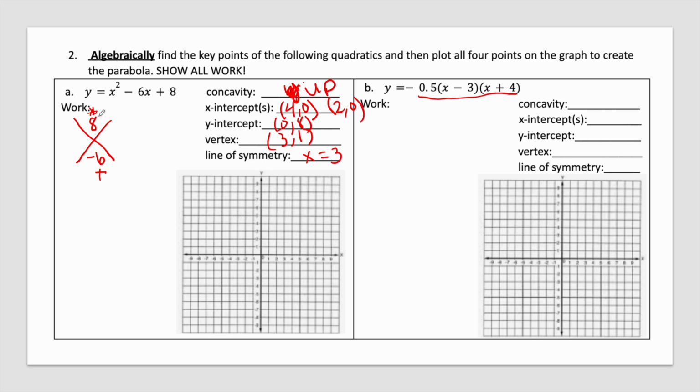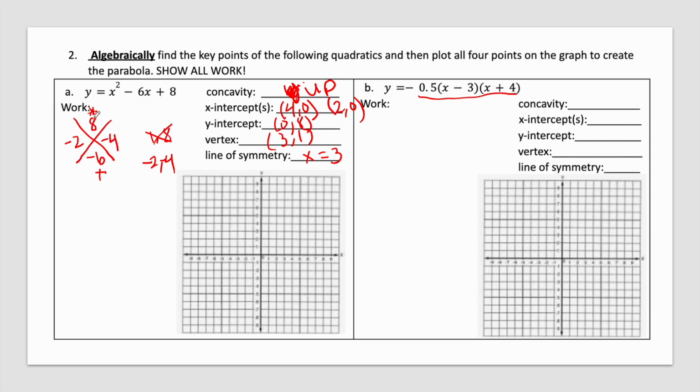What multiplies to 8 would be 1 and 8. That doesn't add up to -6. 2 and 4, that's close. That adds up to +6. So if I make both of those negative, -2 times -4 is +8. -2 plus -4 is -6.